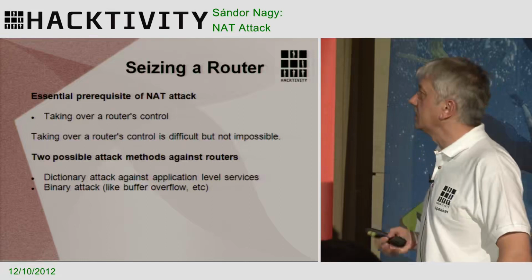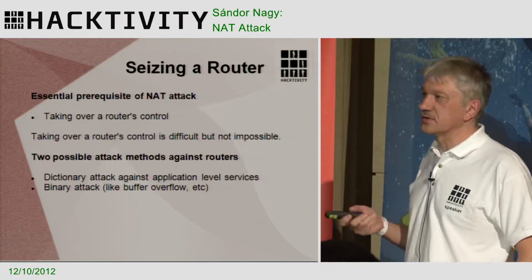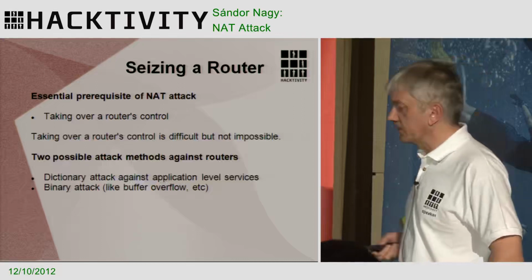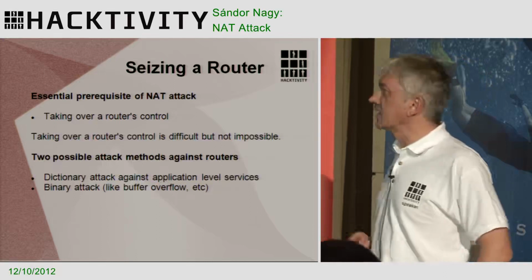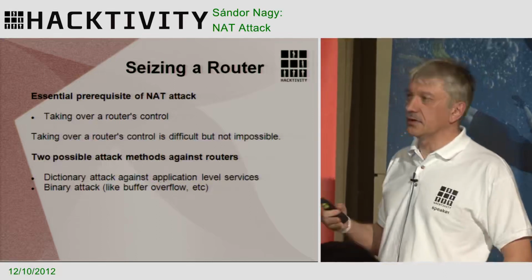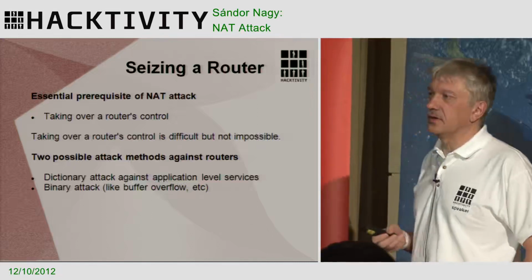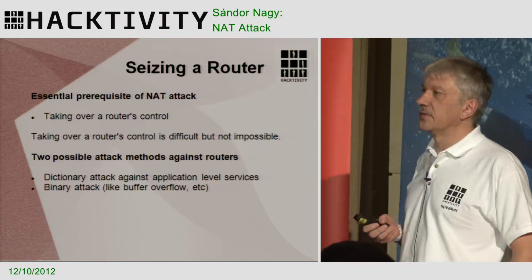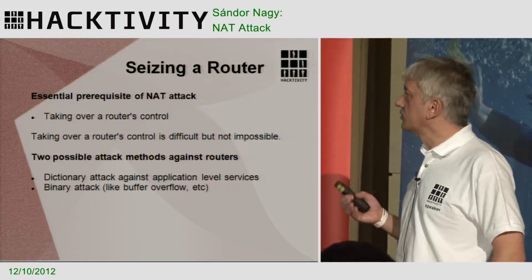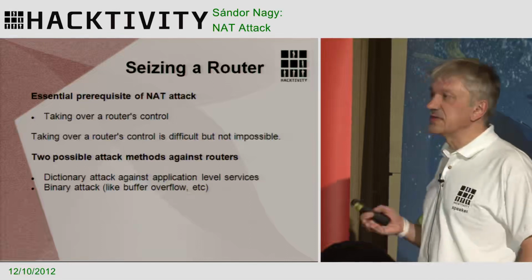So the attacker needs a router, and if he succeeds in getting one, he can launch the attack. There are several ways a router can be taken over. For example, there are binary attacks. Actually, binary attacks are really difficult. So the attacker wants to choose the easy way.